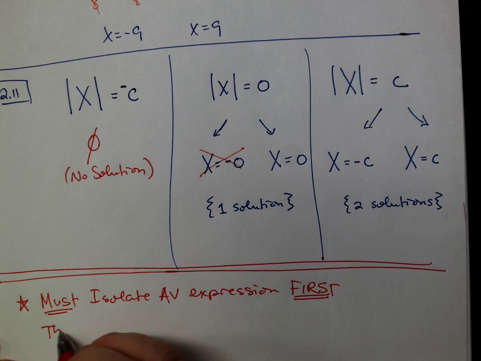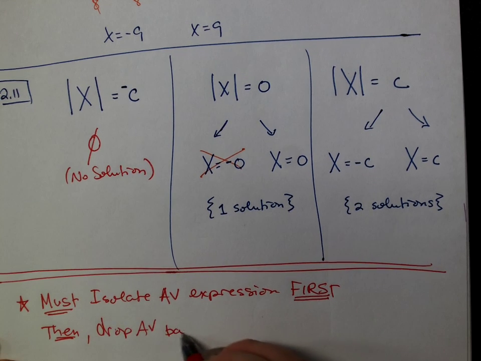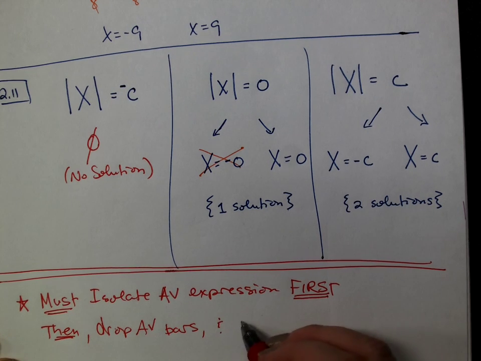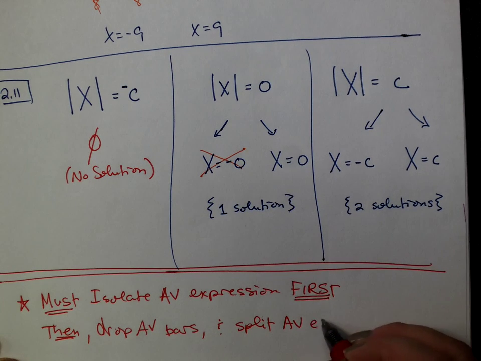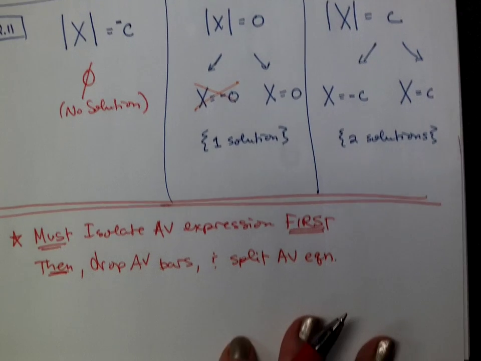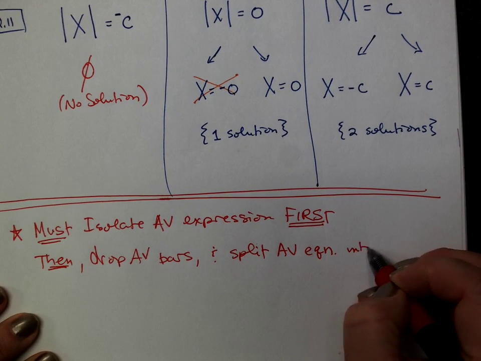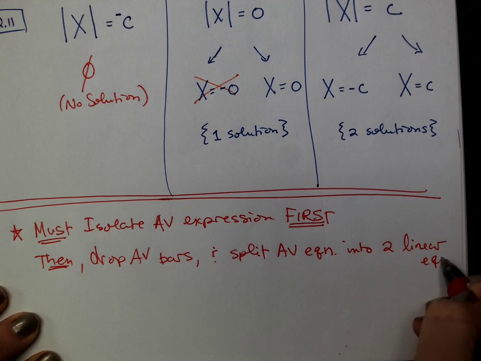That's a must. And then you drop the AV bars and split the AV equation. I'm going to abbreviate equation as EQN. If ever I do abbreviations you're not sure about, please speak up. So you split the AV equation into two linear equations.